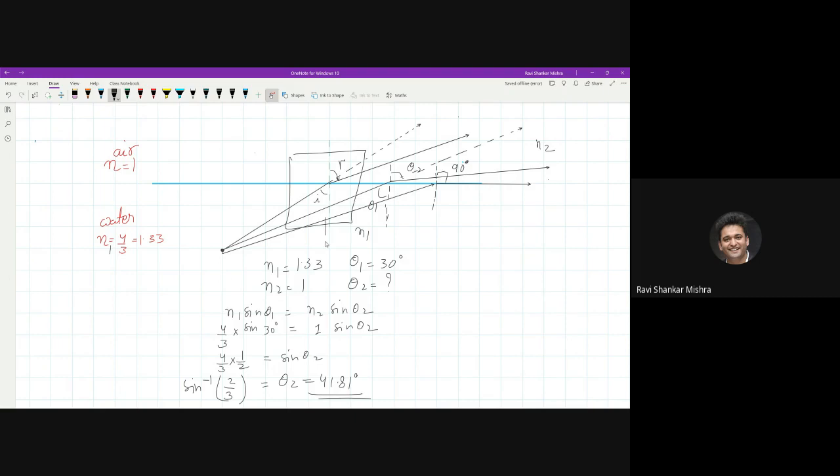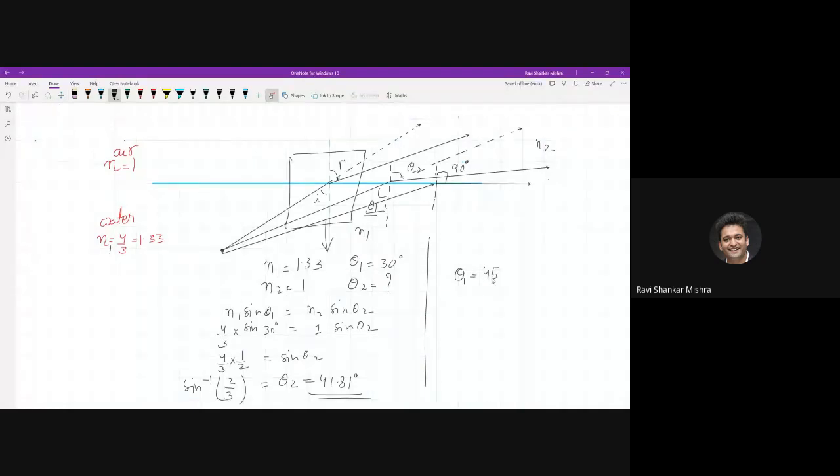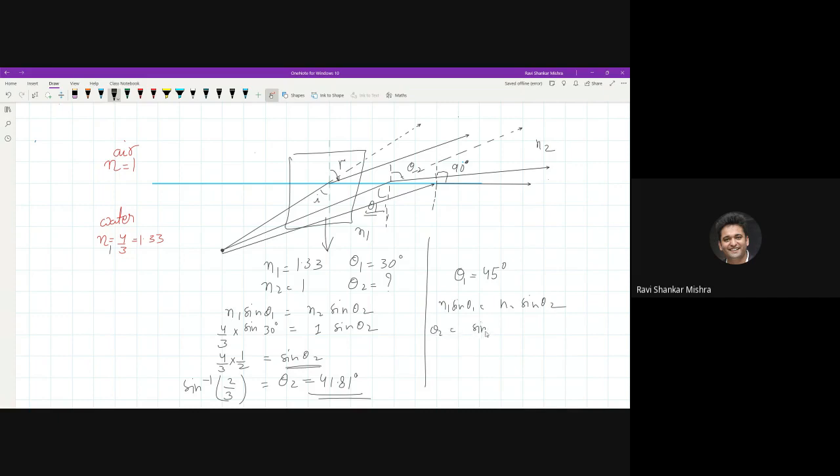Okay, this was the first case. In the second case, let us suppose I am taking theta 1 equal to 45°, right? Now let's find theta 2. So again, n1 sine theta 1 is equal to n2 sine theta 2. n2 is 1. So theta 2 is equal to sine inverse of n1 sine theta 1, right? n1 is 4 by 3, sine theta 1, sine 45°.